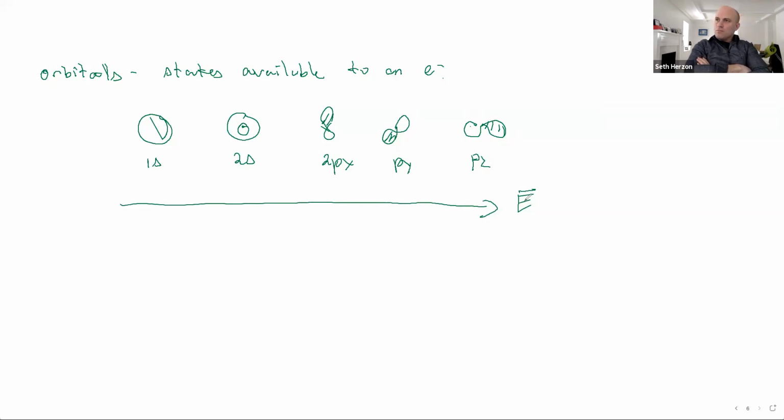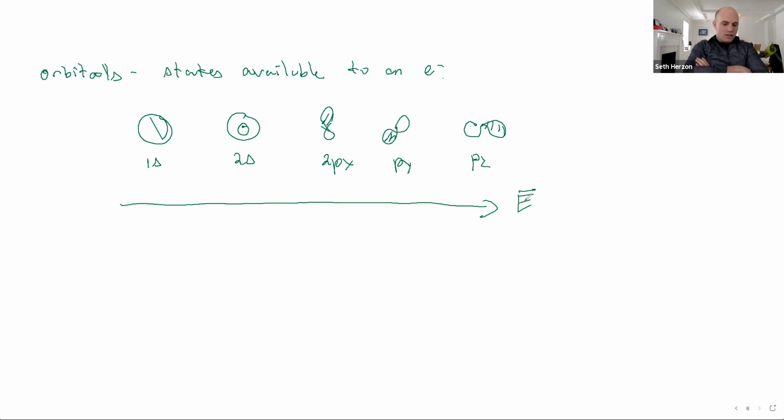And so it's as if the 1s orbital is the lazy boy recliner, the 2s orbital is kind of the kitchen chair, and the 2p orbitals are the bar stools, right? So if you're an electron, which one are you going to go and sit in? You're going to sit in the one that's most comfortable. You're going to sit in the one that's lowest in energy, okay?